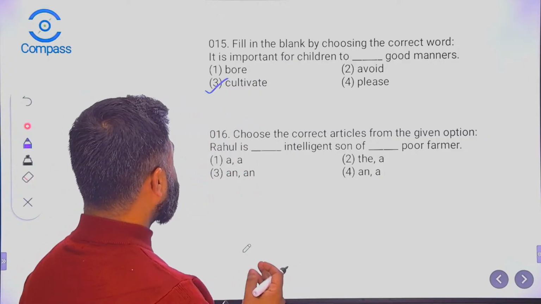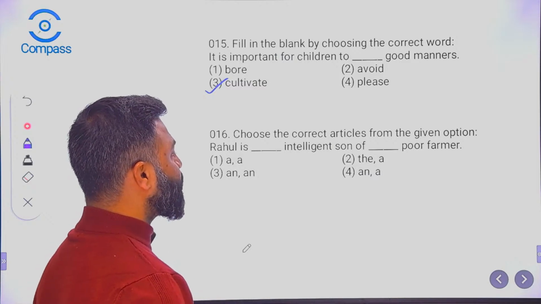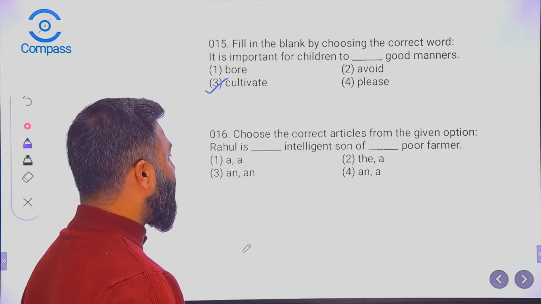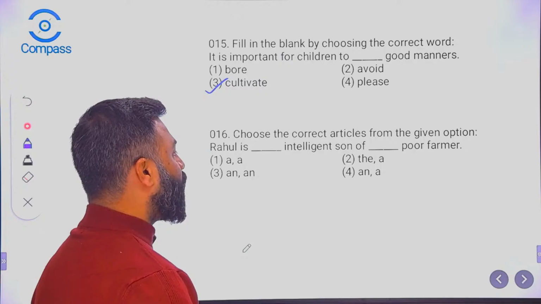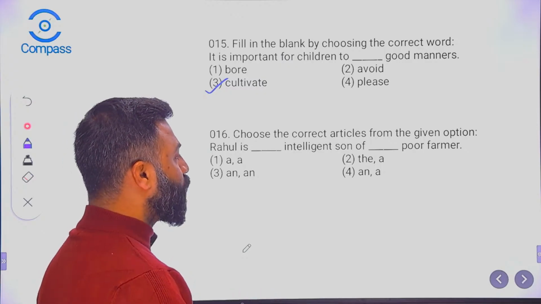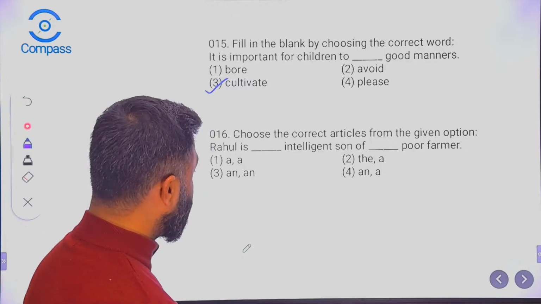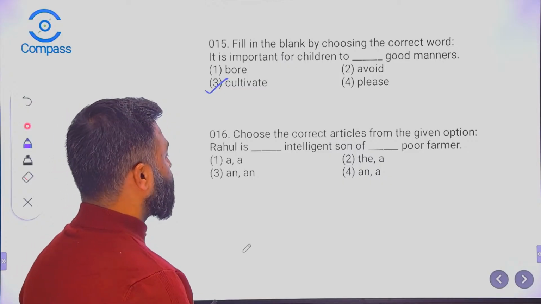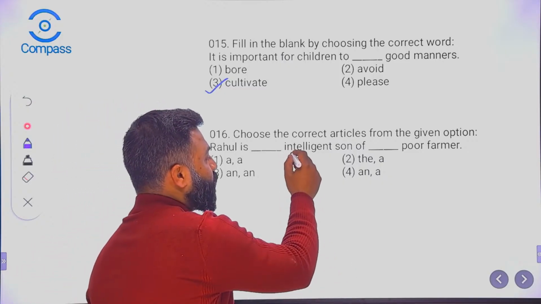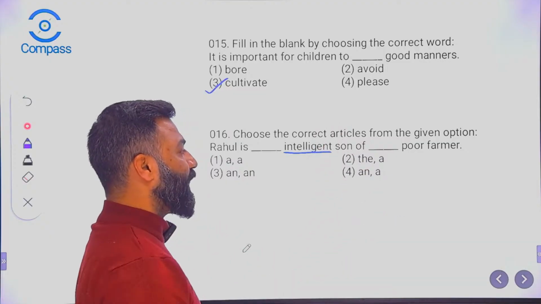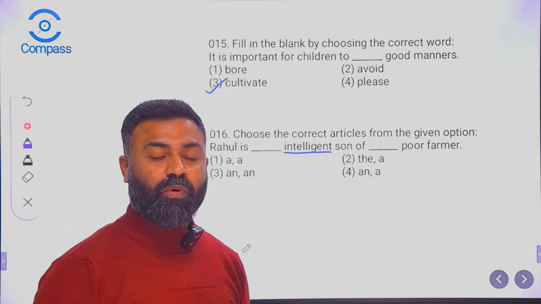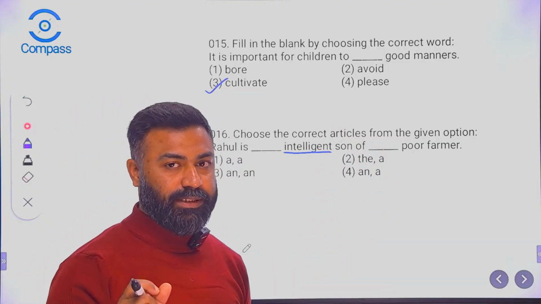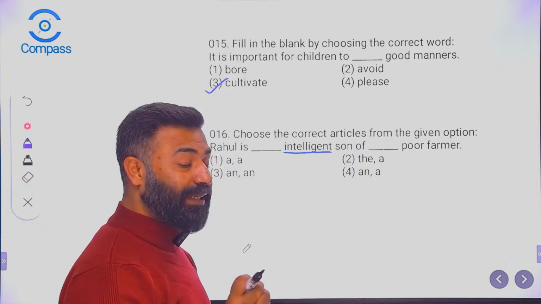Okay. Question number 16. Choose the correct articles from the given option. Rahul is dash intelligent son of dash poor farmer. So now we need to pay attention to this word intelligent. What is the sound that is coming when we pronounce the word intelligent?